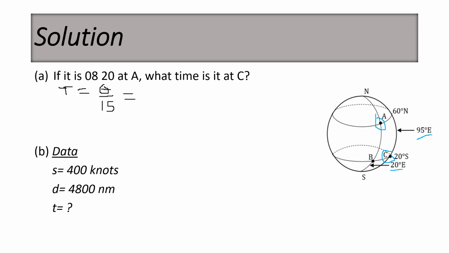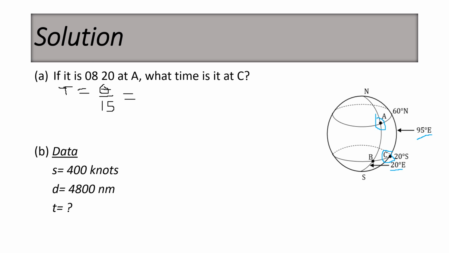If we get back to A and C, we have the longitude at A, which is 20 degrees east, and at C, 95 degrees east. If two longitudes lie on the same side, to find the difference you subtract. If they lie on different sides, you add.